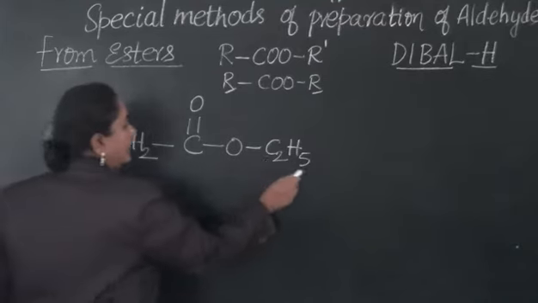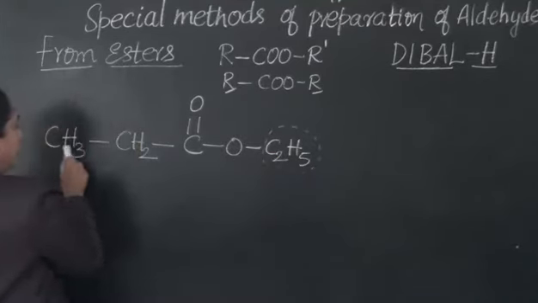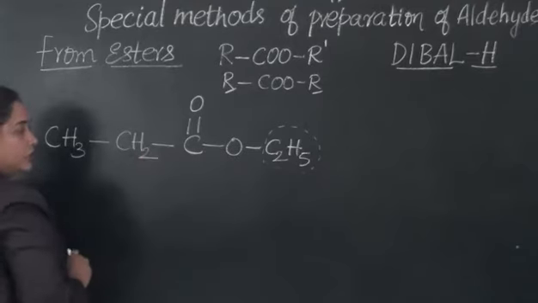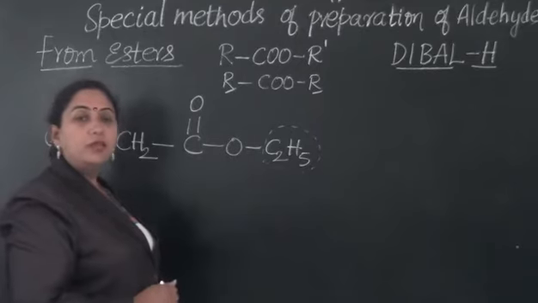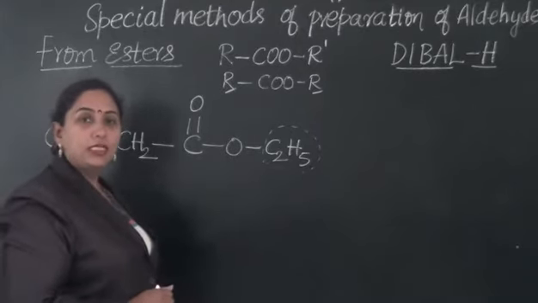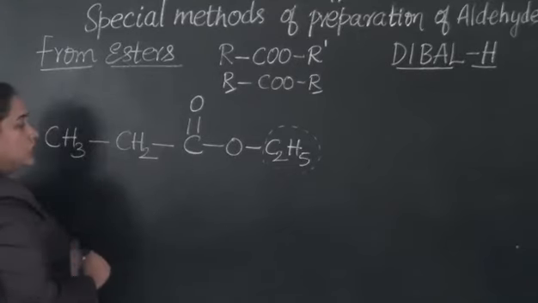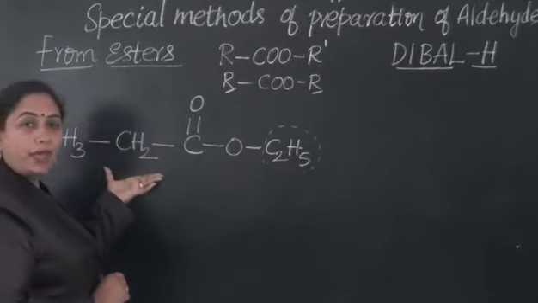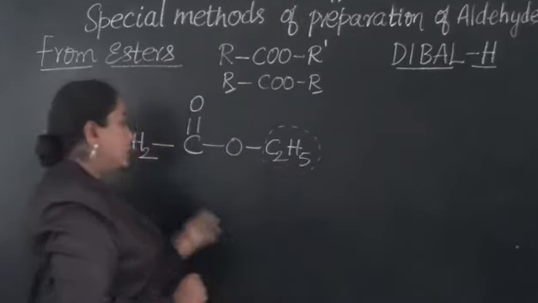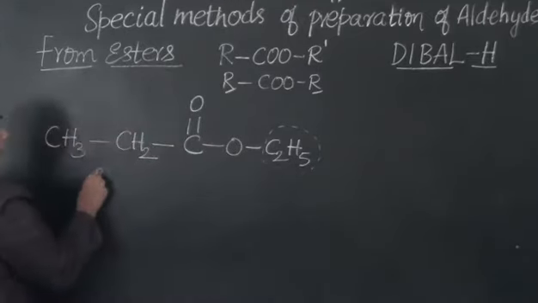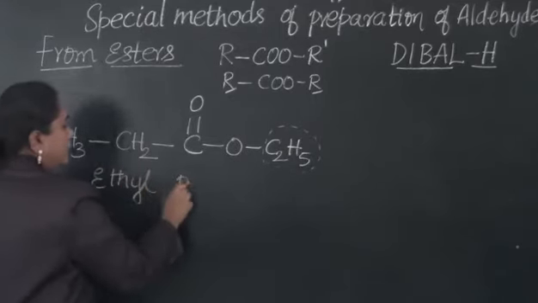We find the ethyl group attached here, and the remaining part contains 1, 2, 3 carbon atoms. You know that esters should end with the term oate as per IUPAC nomenclature. So therefore there are 3 carbon atoms, so this side becomes propanoate, and on the other side there is an ethyl group. Therefore the name of this compound will be ethyl propanoate.